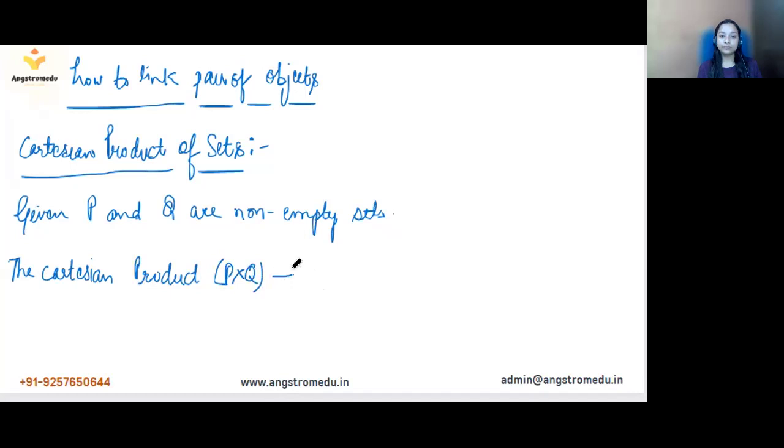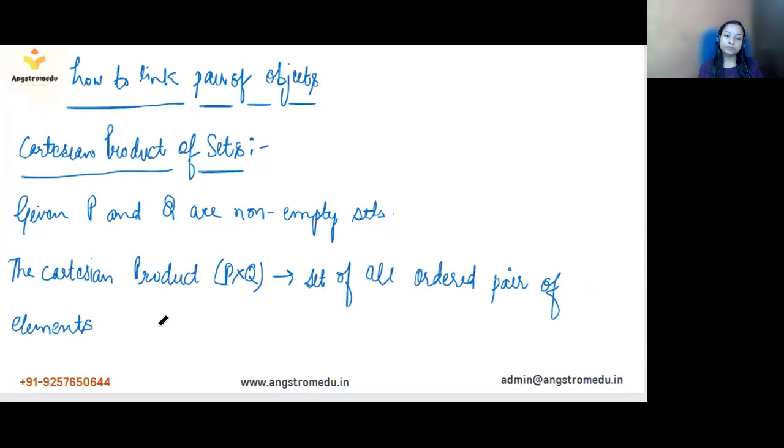It is the set of all ordered pairs of elements from P and Q. Nothing difficult, nothing complicated.